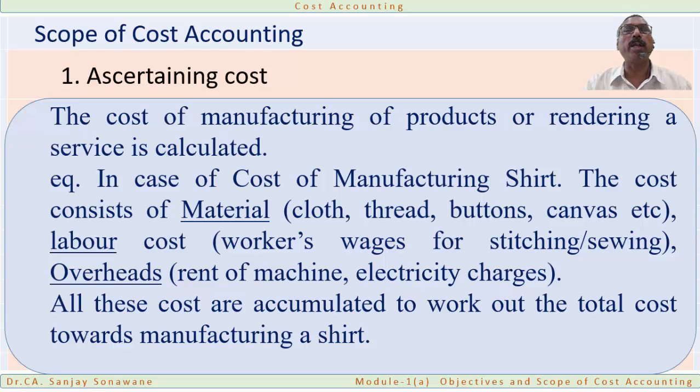Now can you calculate for every shirt what the factory electricity charge is? The answer is no, but as a lump sum we can take the monthly charges towards electricity, and then we can find out the cost per shirt based on the quantity we manufactured in a month.